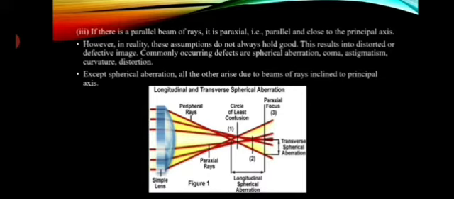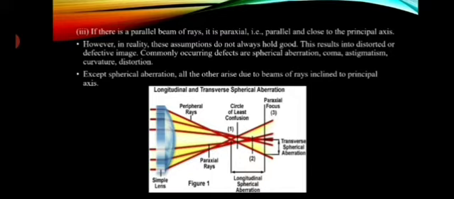Now, what happens in spherical aberration is that there occur two focal points. We have seen the focal point is nothing but the point where all the rays converge or appear to converge.